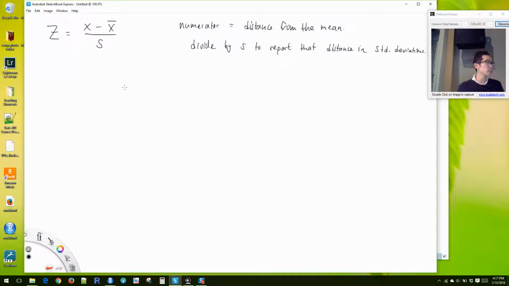I gave you, on the previous slide, some guidelines about what's unusual and what's not. This stems from what we call the empirical rule, okay, which is based on a unimodal and symmetric distribution.